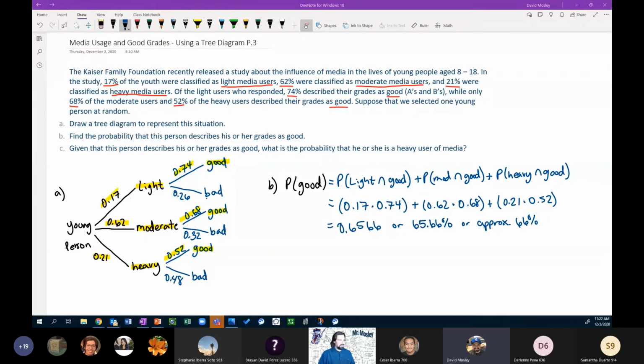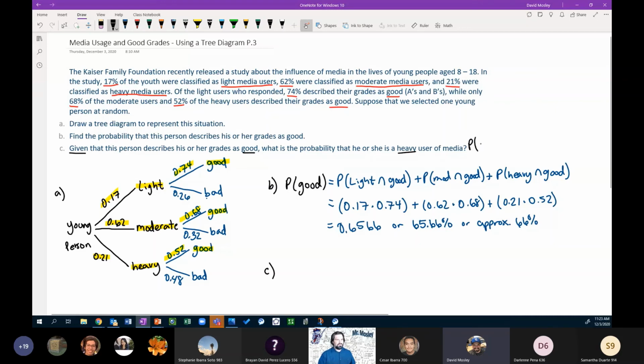Okay. So now let's look at part C. All right, so part C, we have given that this person describes his or her grades as good. We have given, good. This is our given thing. So now we're looking at a conditional probability. What is the probability that he or she is a heavy user in media?